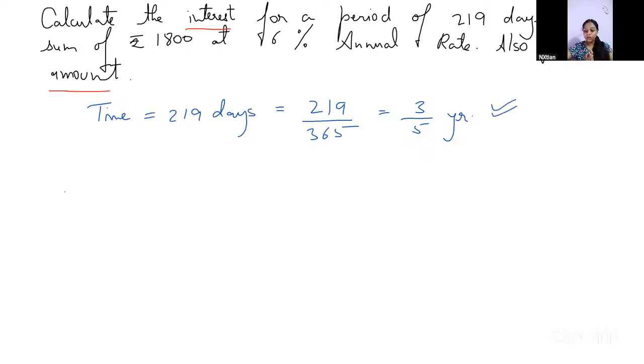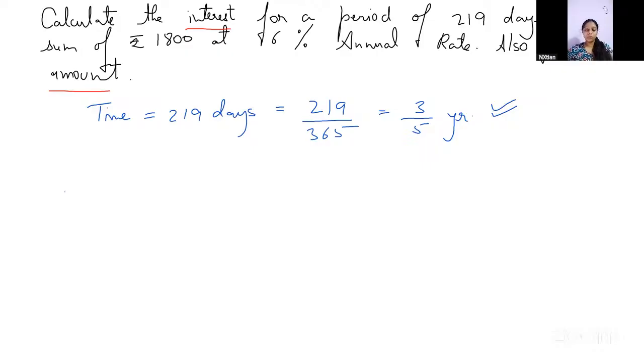Please don't do 219 into 1800 into 6. Please don't do that. First divide. Yes, Abraham. Ma'am, I was trying to do 1800 into 6 into 219 upon 100 into 365.